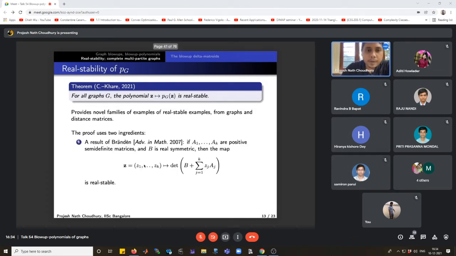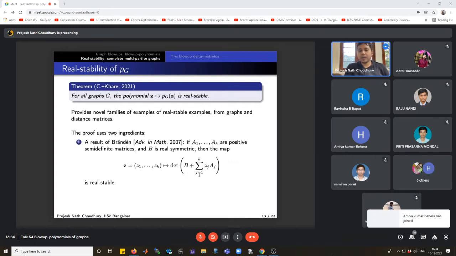I would like to mention a couple of ingredients used in the proof of this theorem. The first one is a result of Brändén from 2007, which says that if you have positive semi-definite real symmetric matrices and a real symmetric matrix B, then this function is real stable.